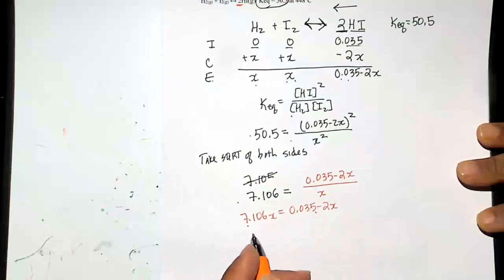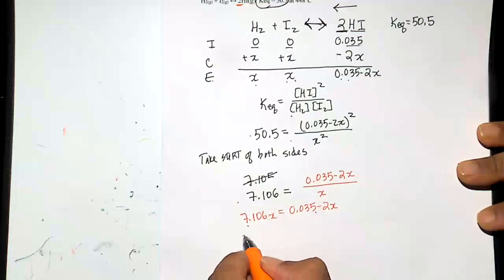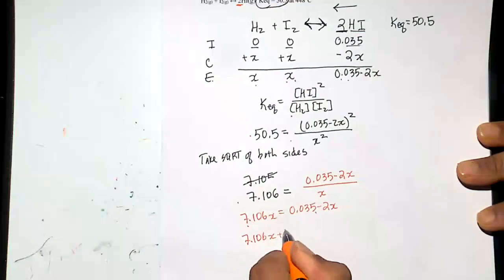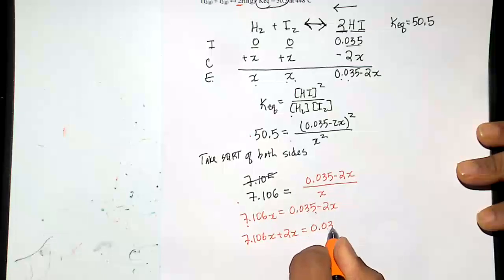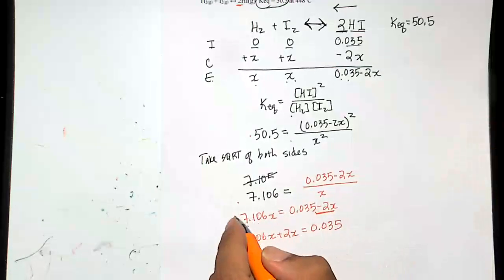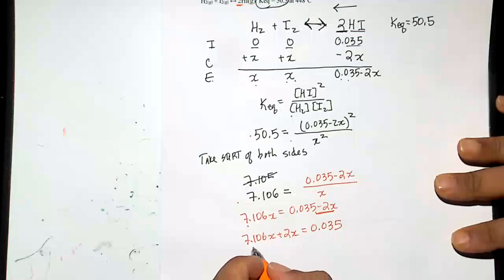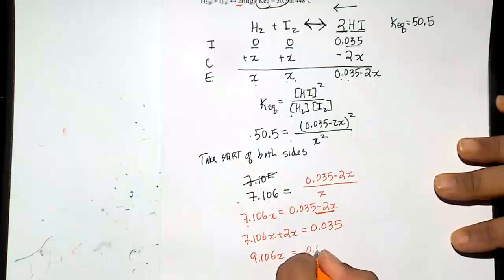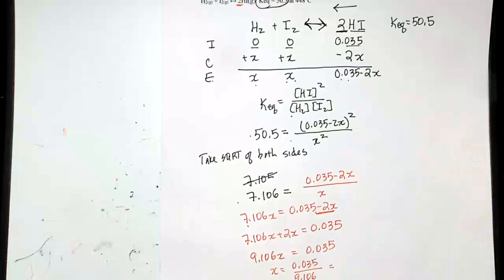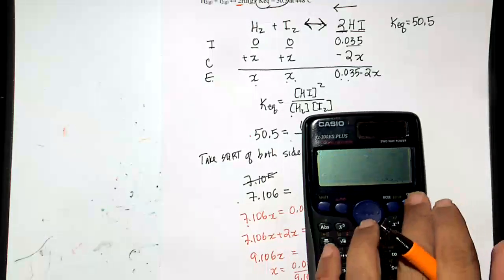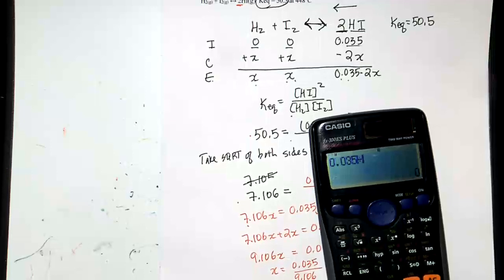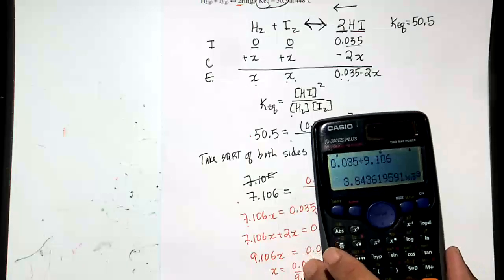We'll move the minus 2x to this side, so 7.106x plus 2x equals 0.035. I'm just moving this to the opposite side of the equation sign. So 7.106 plus 2 times x is 9.106x, equal to 0.035. So x is going to equal 0.035 divided by 9.106. What is that on our calculator? 3.84 times 10 to the minus 3.